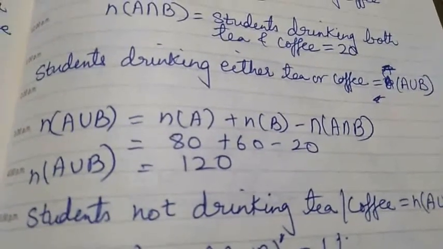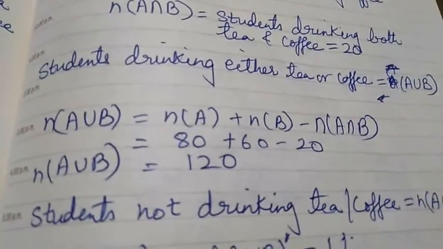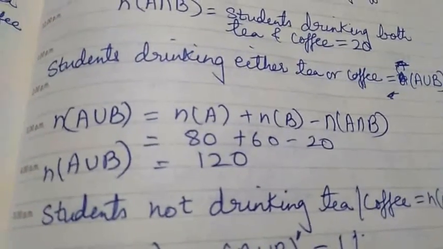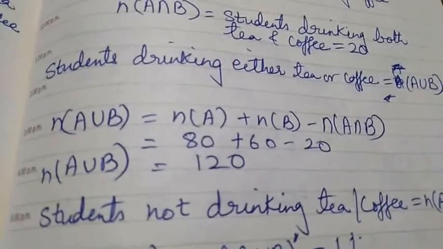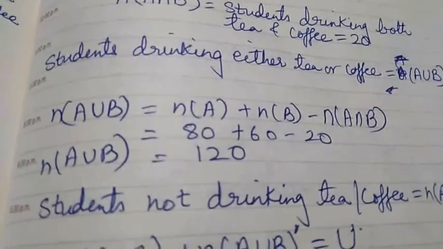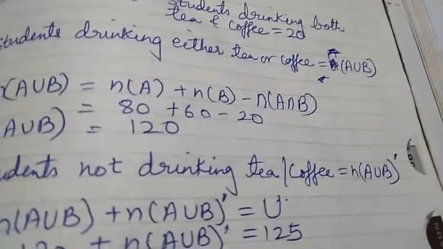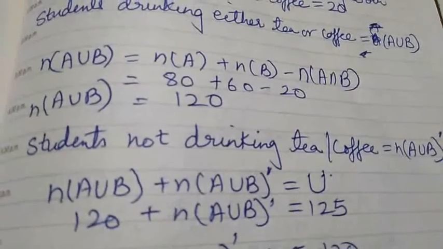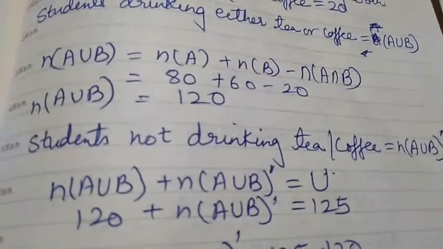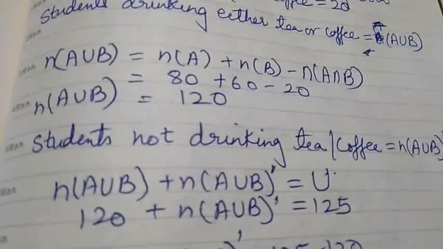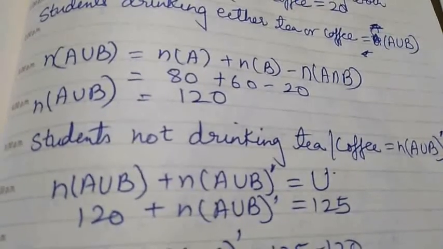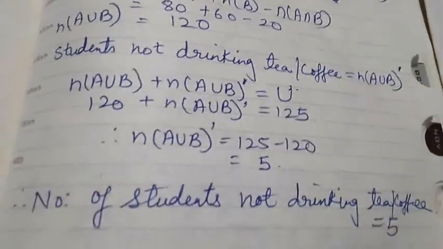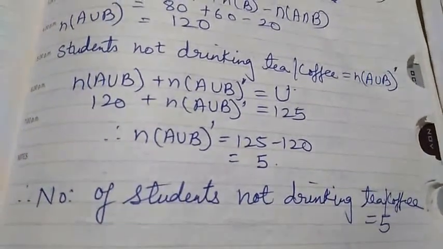Students who are not drinking tea or coffee will be the complement of A union B. A union B means at least they are drinking something, and we want to find who are drinking nothing, so it is the complement of A union B, N of A union B dash. A set plus its complement is always equal to the universal set, so N of A union B plus N of A union B dash is equal to U. Substituting the values, we get 5. So 5 students do not drink anything, neither tea nor coffee.